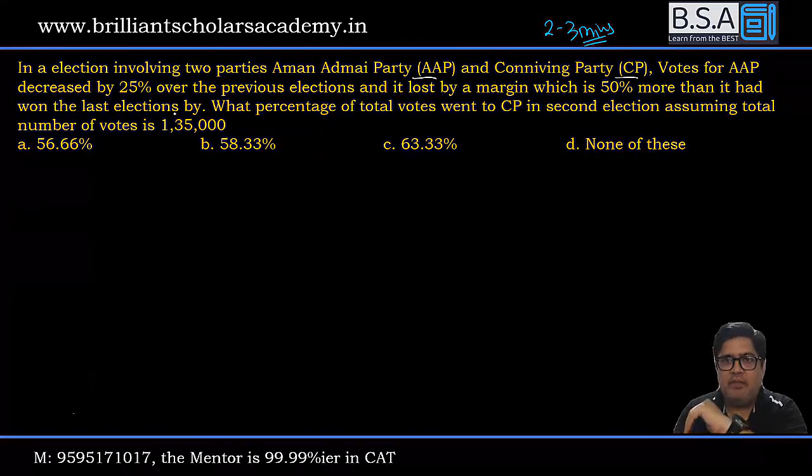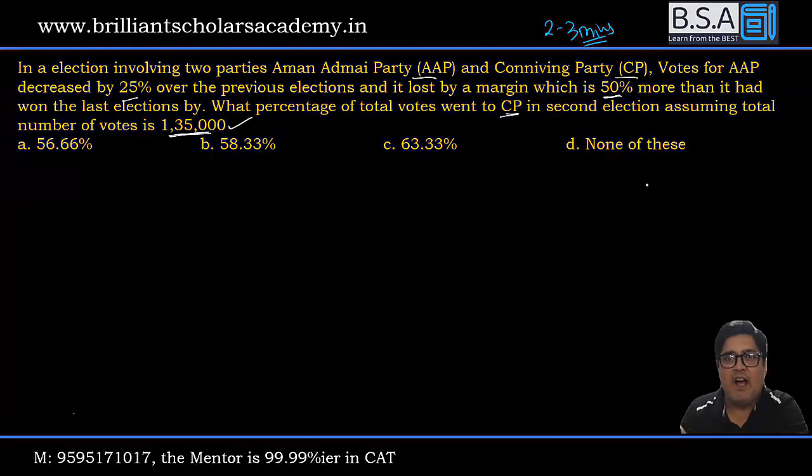The vote share of Aman Aadmi Party goes down by 25% over the previous election. And because of this, the party loses the election by a margin which is 50% more than it had won the last elections by. What percentage of total votes went to conniving party in second election, assuming total number of votes is fixed in each election?